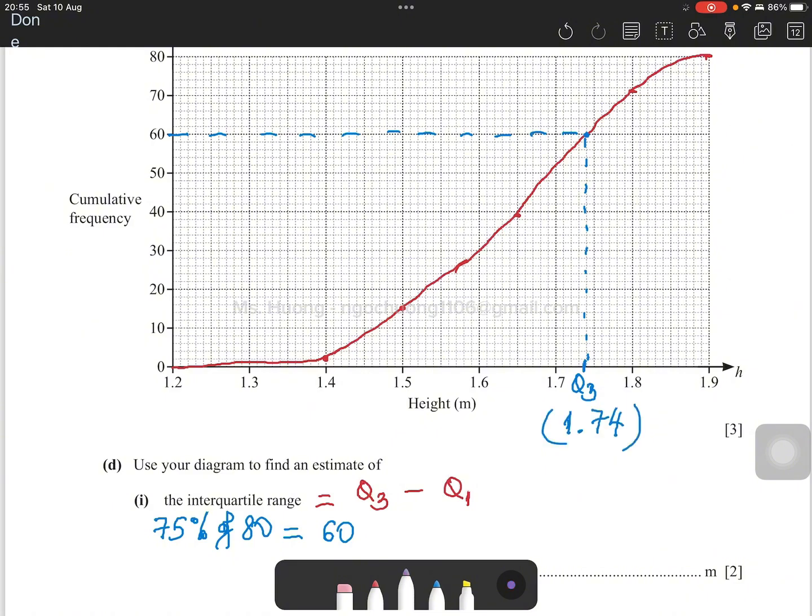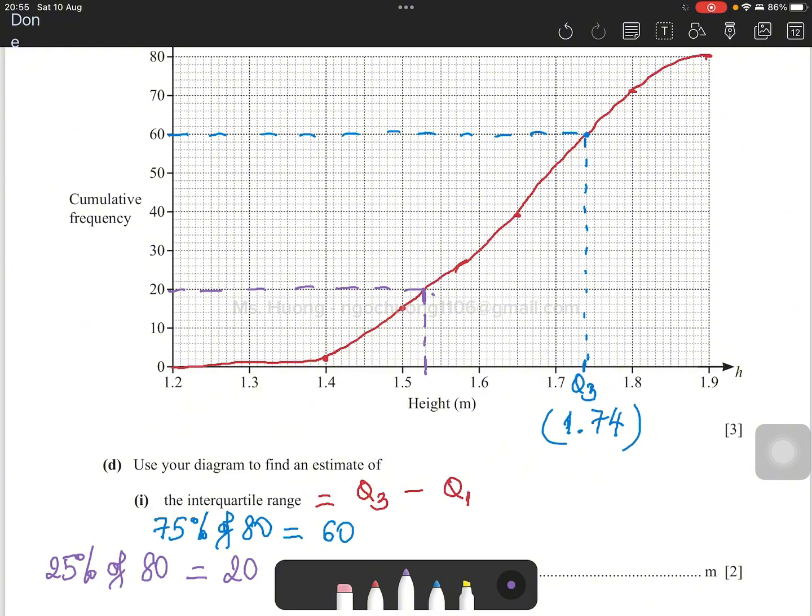And then we also find Q1, which is the lower quartile. To find the lower quartile, we find 25% of 80, which is 1/4 of 80 equals 20. So we start from 20. We move to the right. Then we touch this point and we move down.